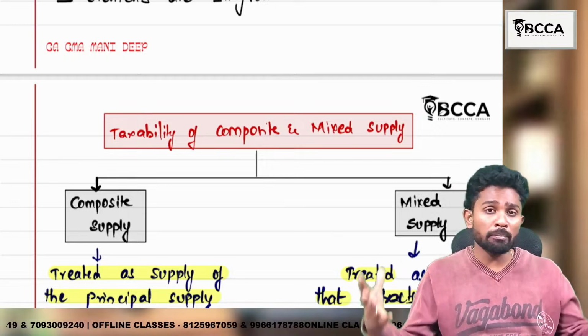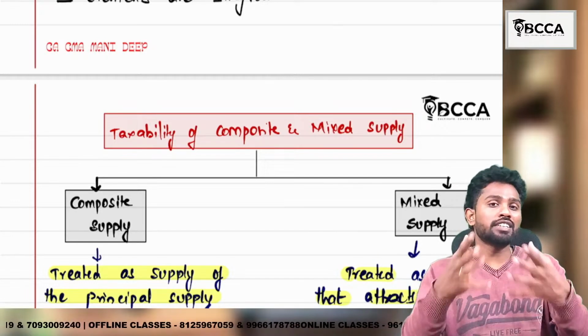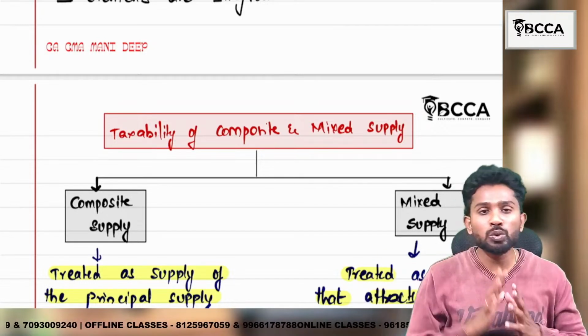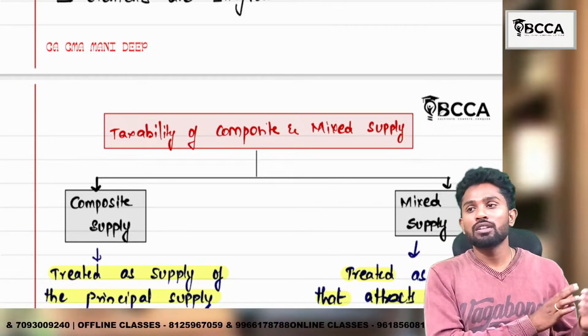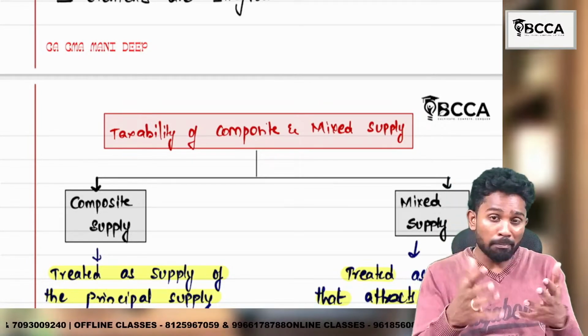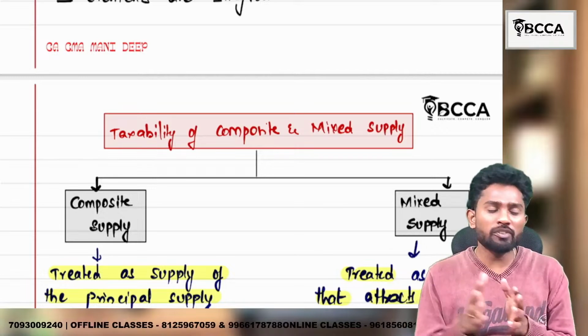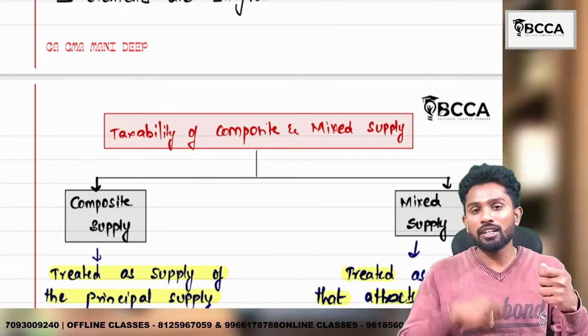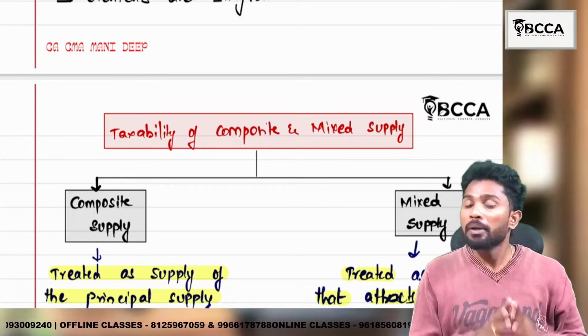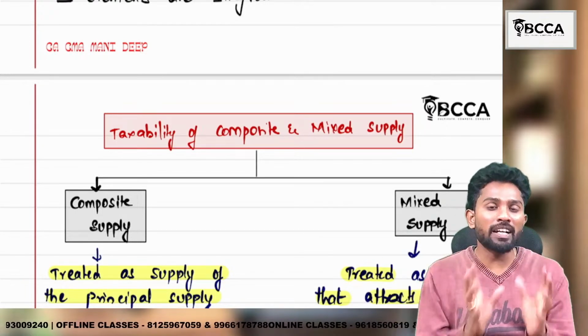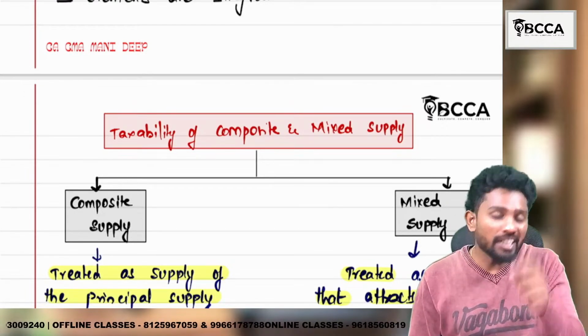All these things are made into a set, and the set is sold for some 2000 rupees. You understand, right? It consists of some 10 notebooks, other things, and a bag as well. Then it may be sold for 3000, with the bag, books, pens, pencils, and sharpener all sold as a single bundle. Then it is a mixed supply.